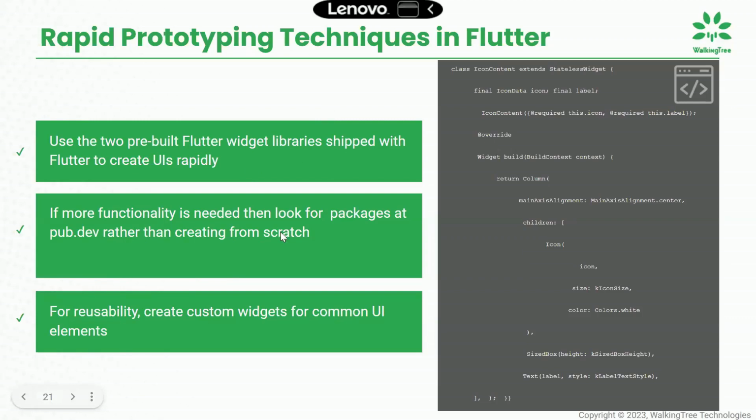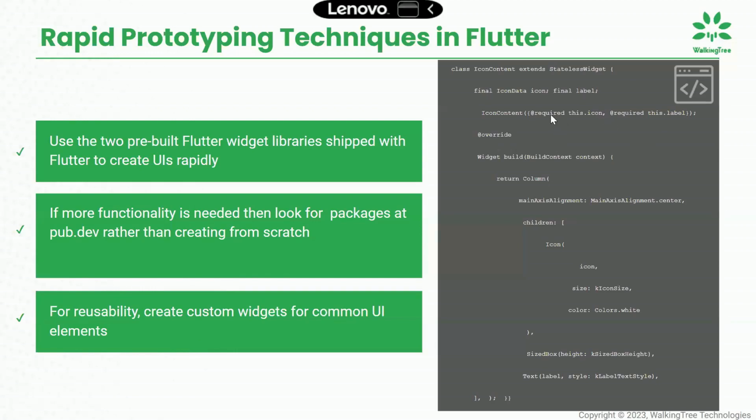And if more functionality is needed, we can of course go to pub.dev and use the packages. And for reusability, we can create custom widgets for common UI elements and use them throughout the application. So we can avoid repetition of code to speed up the task.